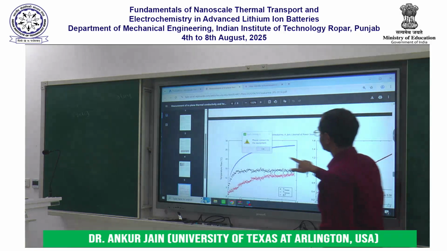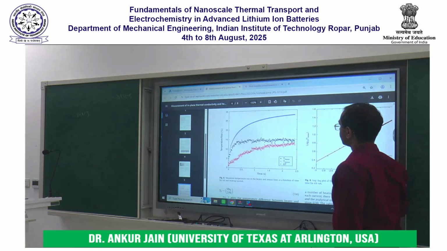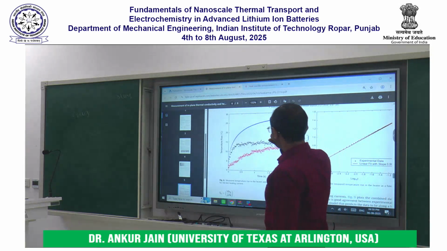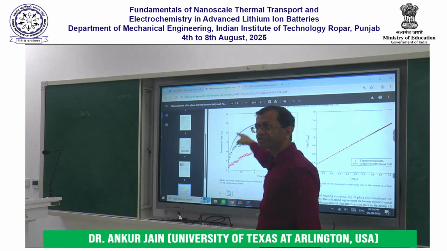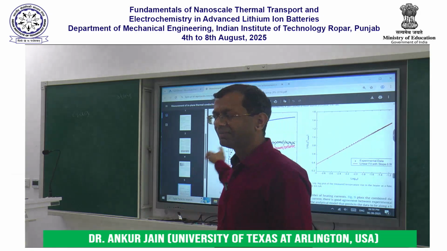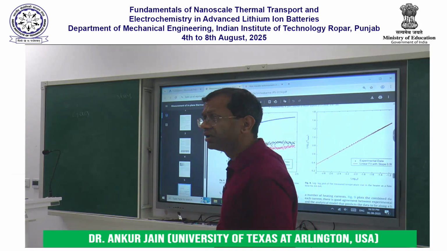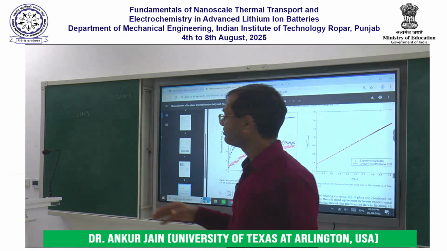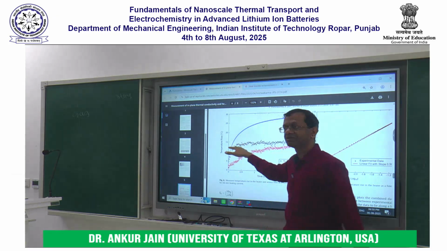This is a good plot to look at. What I'm plotting here is: blue is the heater line temperature, red is the sensor line temperature, and black is the difference between the two. You can see that both of them are rising, but after some time the temperature difference between the two becomes constant.